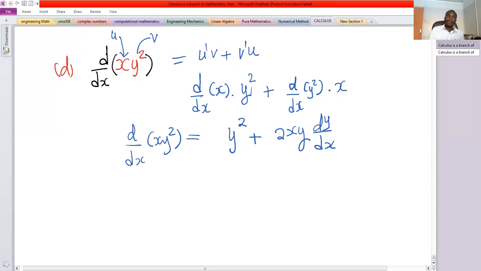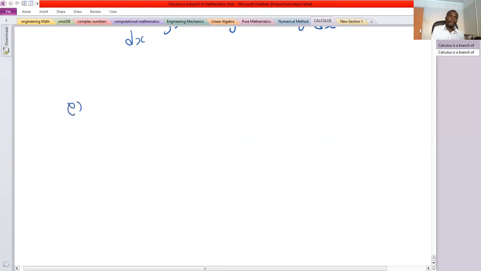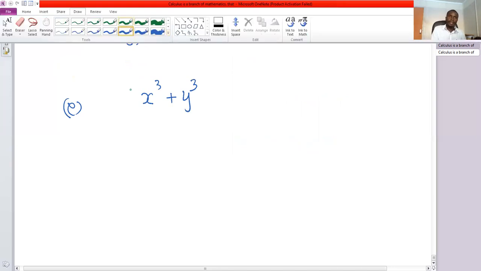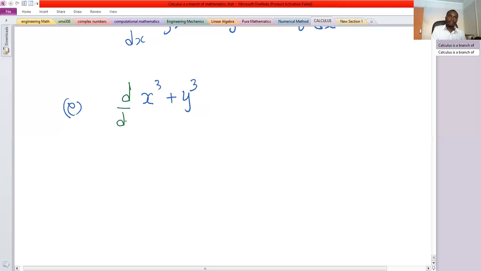Now, e, we have x cubed plus y cubed. So it is to differentiate with respect to x. So it means apply d/dx to this expression of this function.